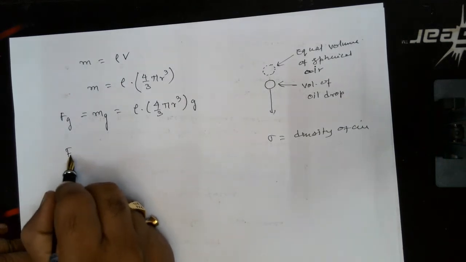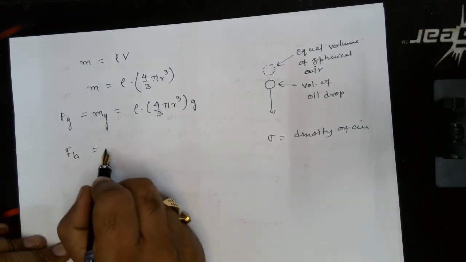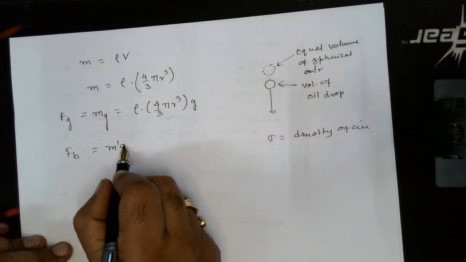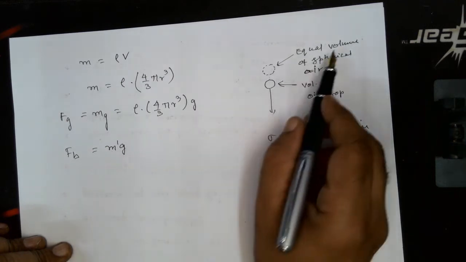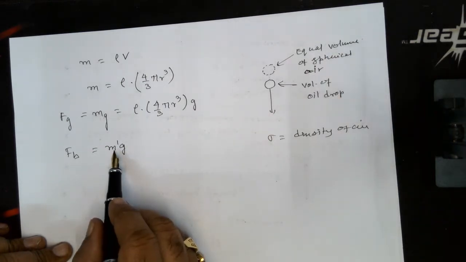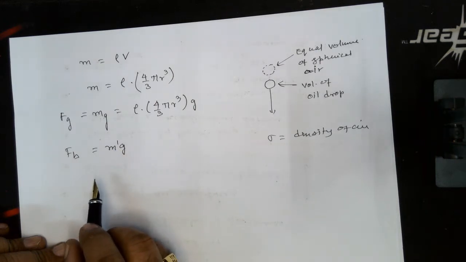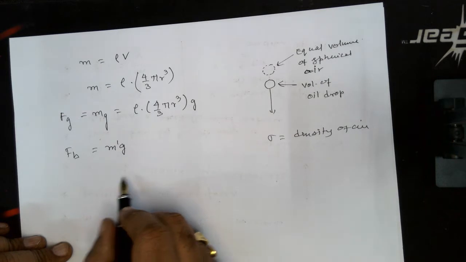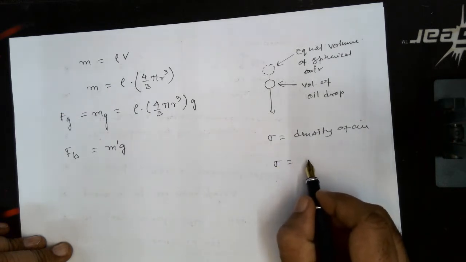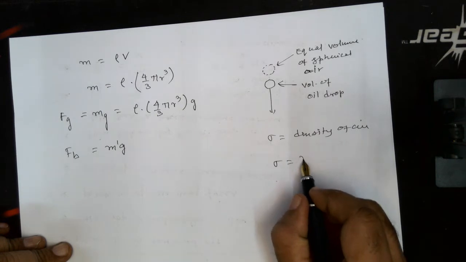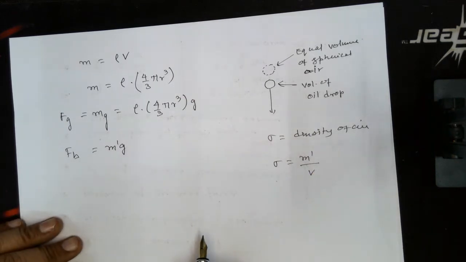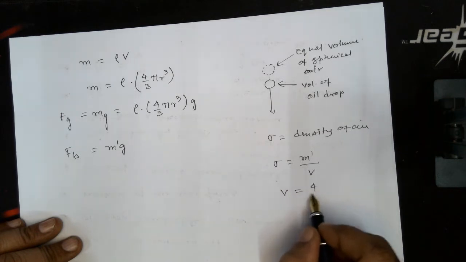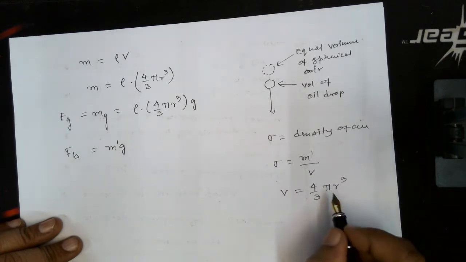Now Fb, the buoyant force, is nothing but m dash g. Because of the buoyant force, the mass may vary here, so we have to put m dash. Now we know sigma is equal to the mass of that air, m dash, divided by the volume, and the volume is nothing but 4 by 3 pi r cube, the same radius.